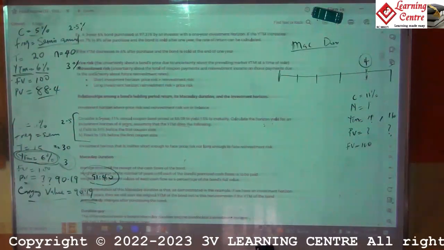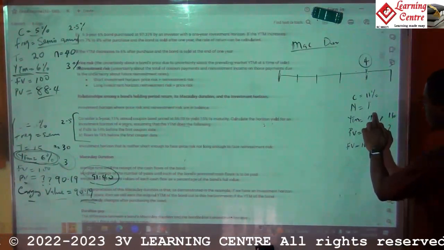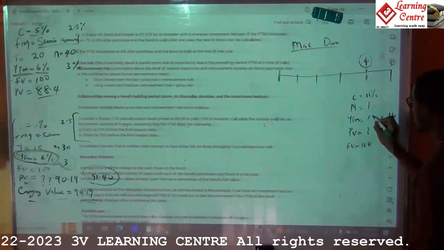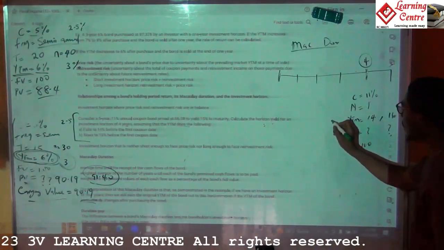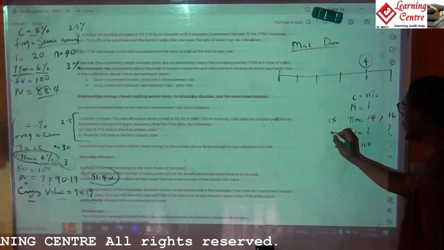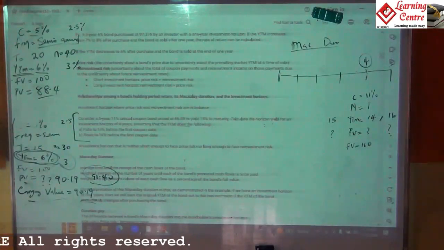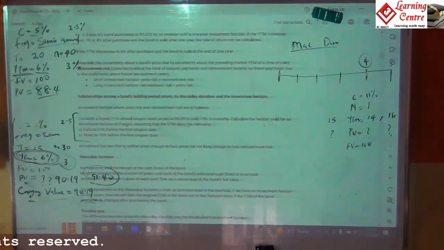And also do it if the YTM has stayed the same at 15. So we're going to do three iterations: when YTM is 15, when YTM is 14, when YTM is 16.